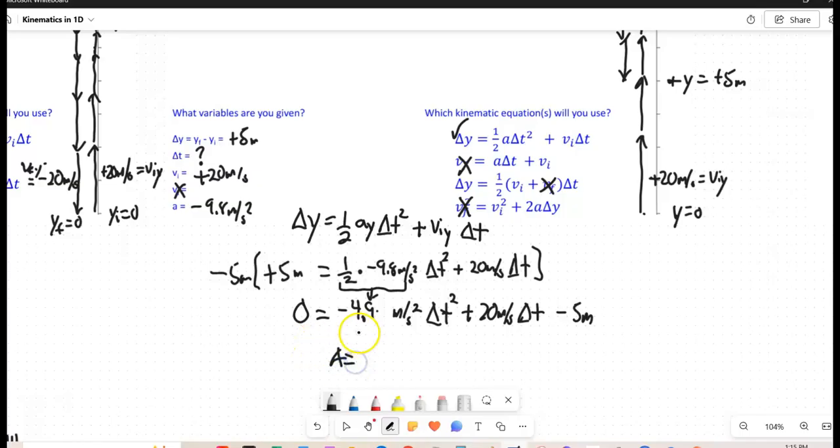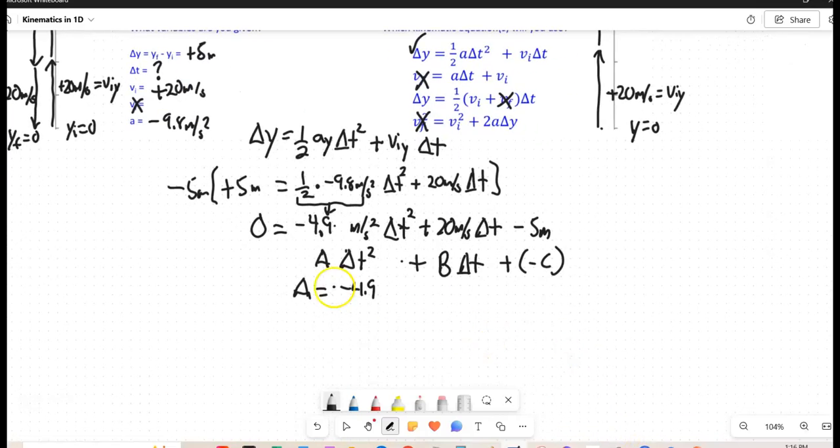In this quadratic, we're going to have a delta t squared plus b delta t, and this is actually going to be plus a negative c. All right, so a is going to be equal to negative 4.9, b is going to be equal to positive 20, we're not putting in the units, and c is equal to negative 5.